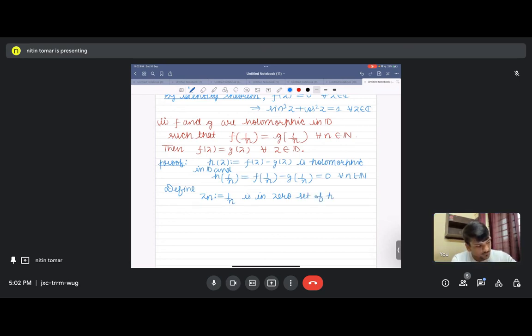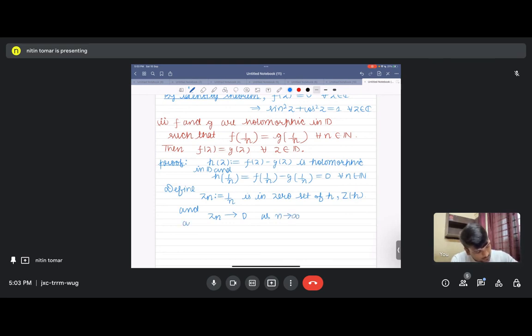Yes sir. The zero set of f we denoted by Z of h. And where does this sequence converge to? 0. Yes sir.